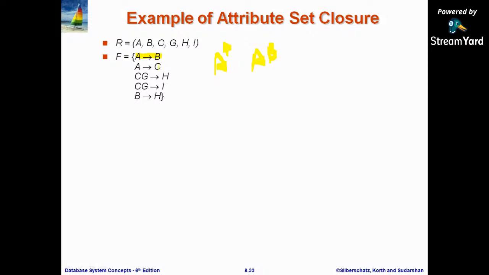Now we see the functional dependencies whose left hand side is already present. A is present, so A tends to C, and C is added: A, B, C. Now for the other functional dependencies: CG, the G is not present. B is present, so you can add the H here. So A plus will consist of A, B, C, H.